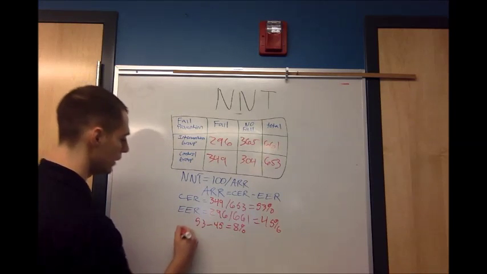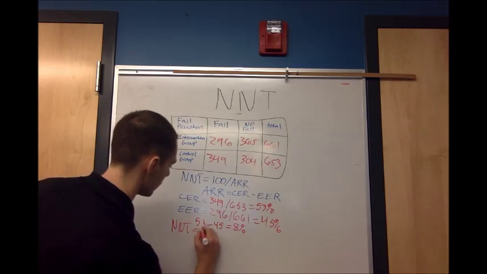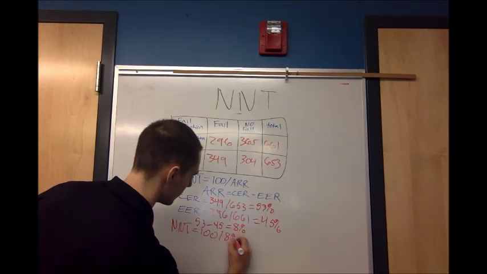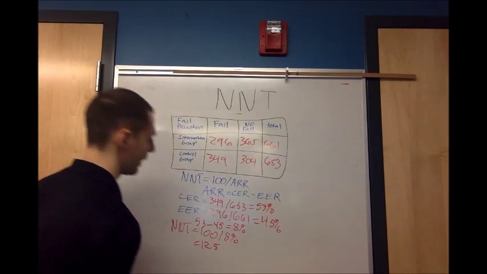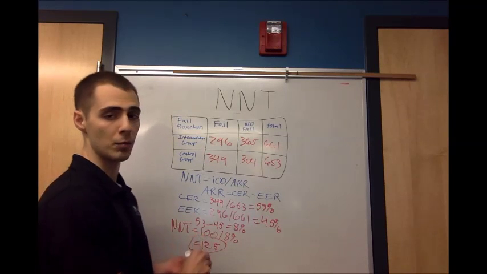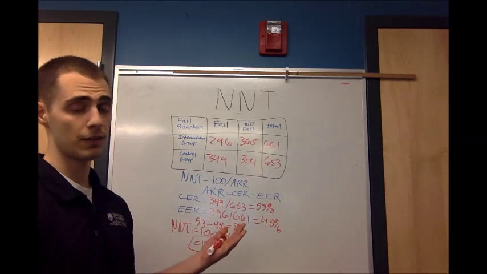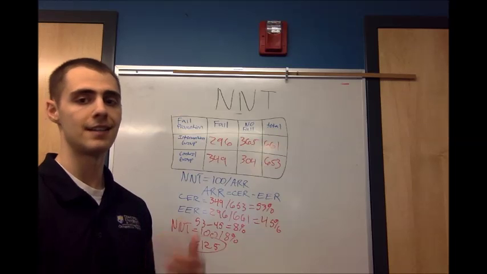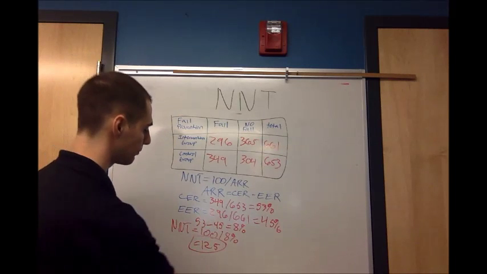So our NNT will be 100 divided by that 8%, and that's going to be roughly 12.5. So here is our NNT. What this number is saying is that we need to treat at least 12 patients with this intervention to have an intended effect of preventing a fall in one patient.